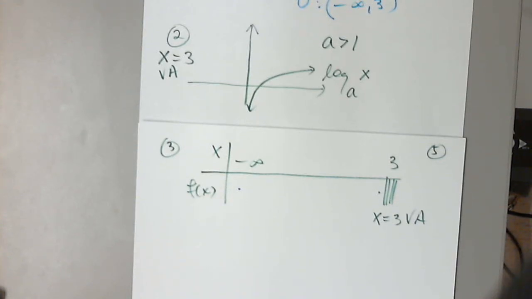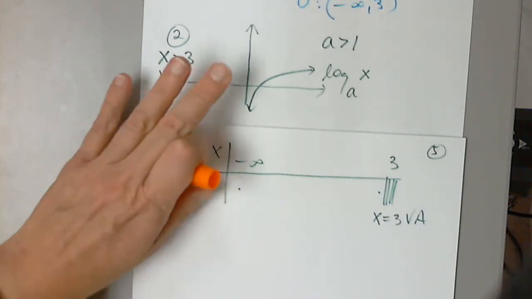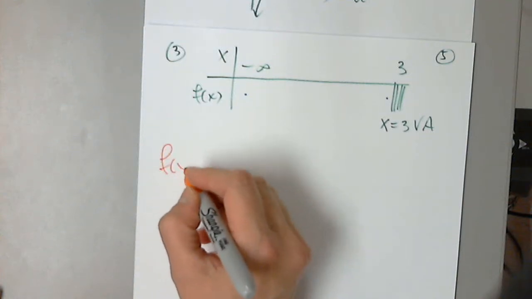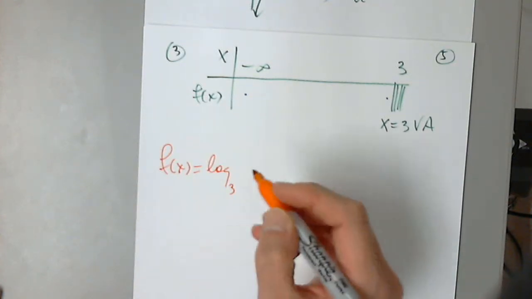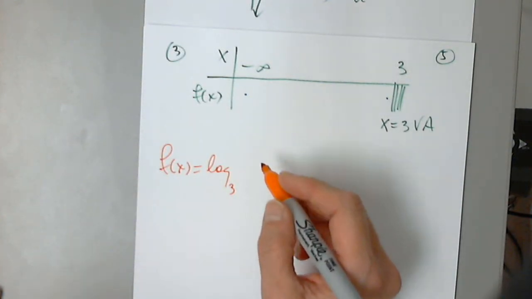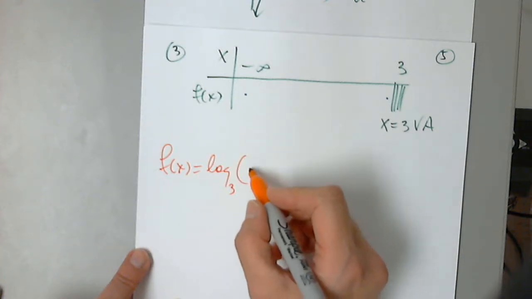So we have to use the change of base formula, which will be log of 15 minus 5x, close the parenthesis, and divide by log of the previous base. So the change of base formula, let me write it down for you one more time.